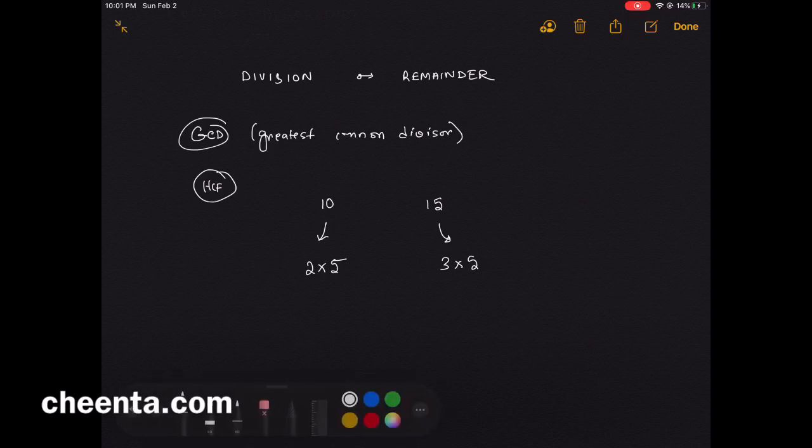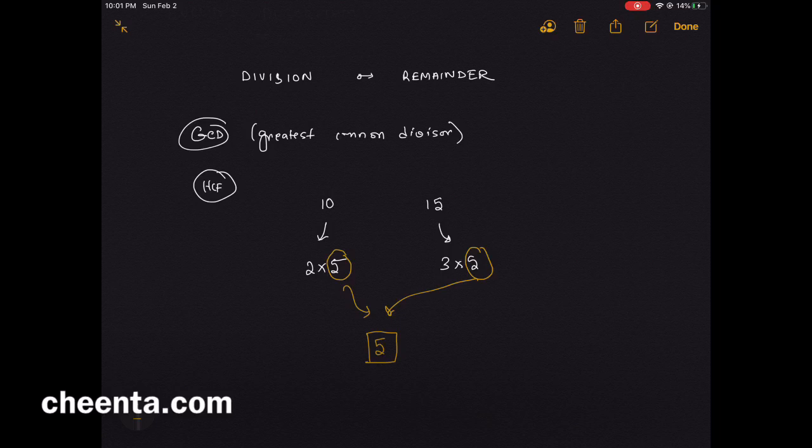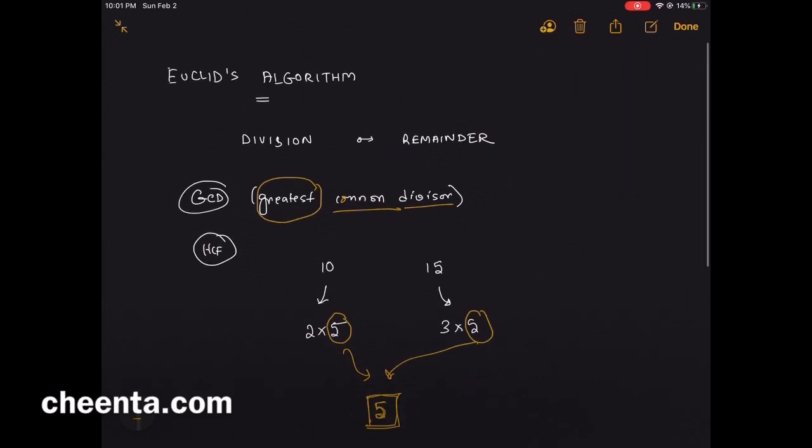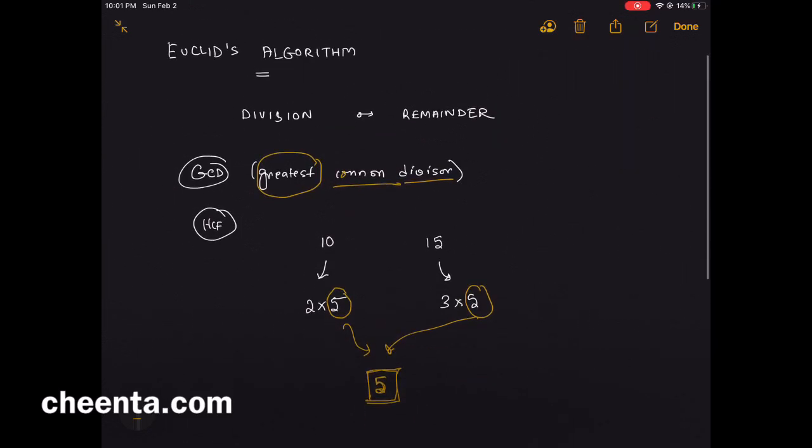So, of course, I am saying colloquially, this can be formalized, but the common thing is 5. So, okay, that number becomes the common divisor. Now, by taking in as many common stuff as possible, you'll find the greatest common divisor. So this is one way of finding the GCD.